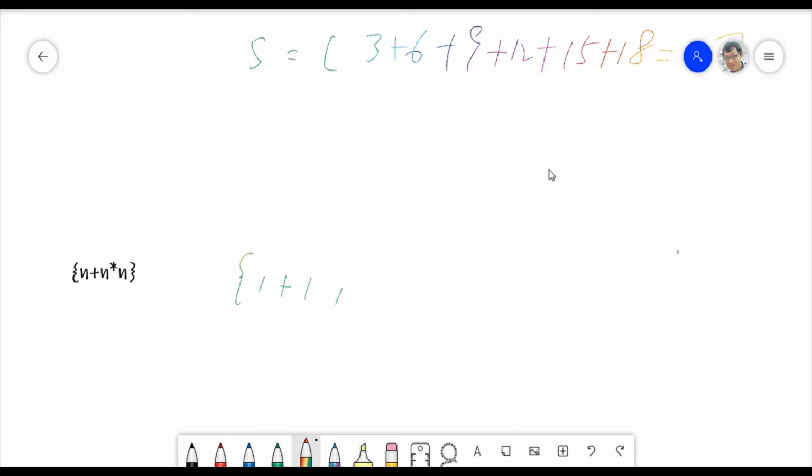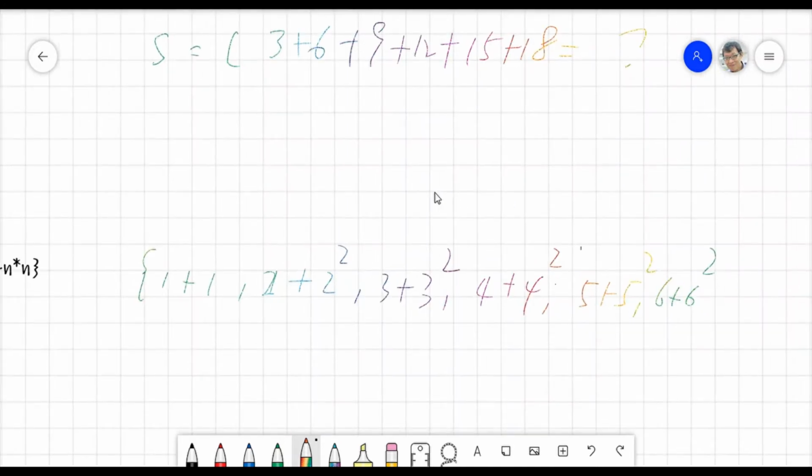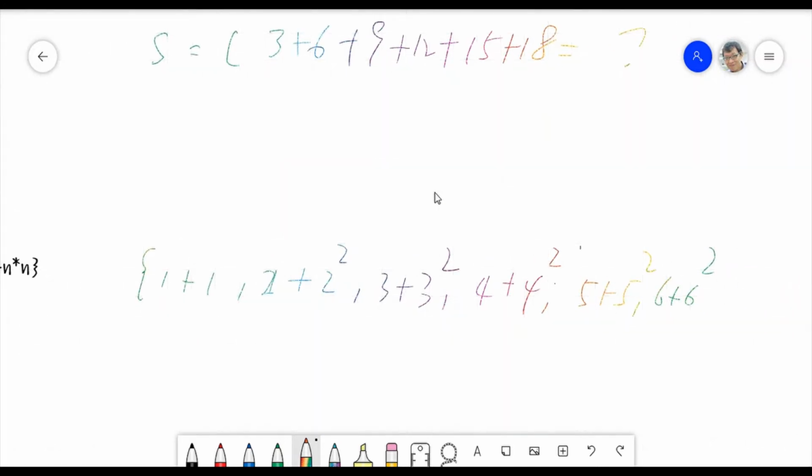A2 is 2 plus 2 times 2, 2 squared. And then 3 plus 3 squared, then 4 plus 4 squared, 5 plus 5 squared. We need 6 numbers, so 6 plus 6 squared. So that's it, this is A6, right?